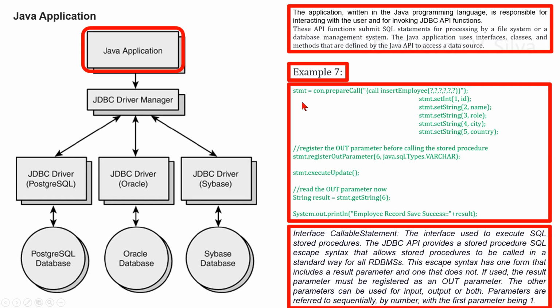The other parameters can be used for input, output, or both. Parameters are referred to sequentially by number, with the first parameter being 1.